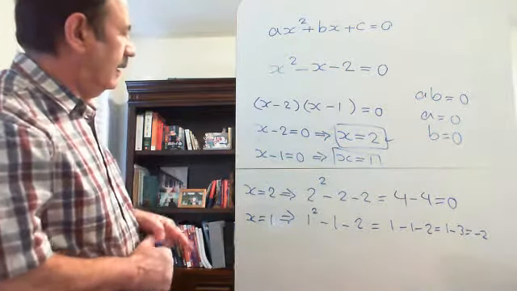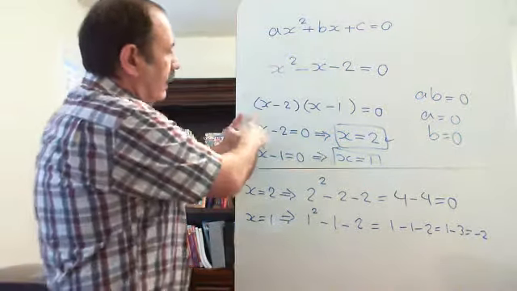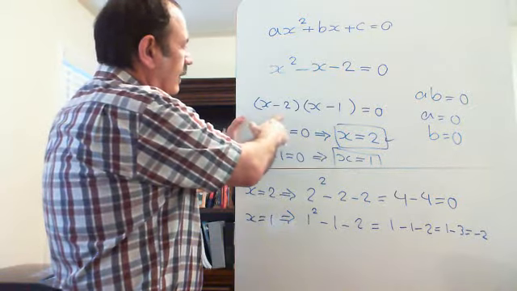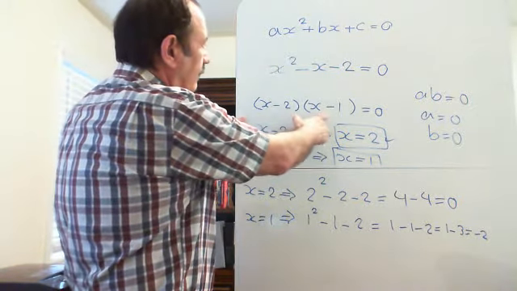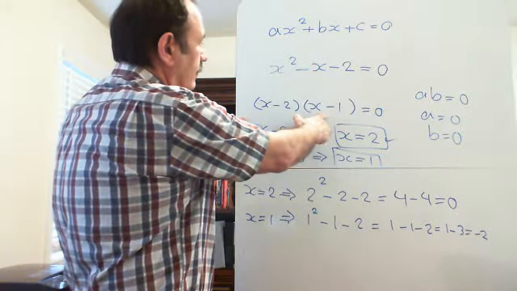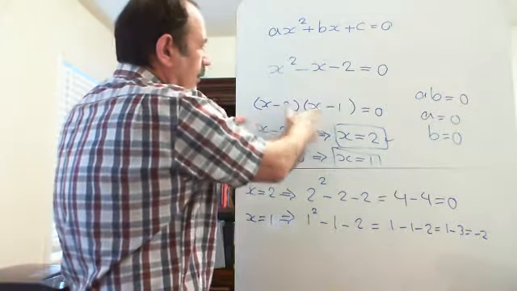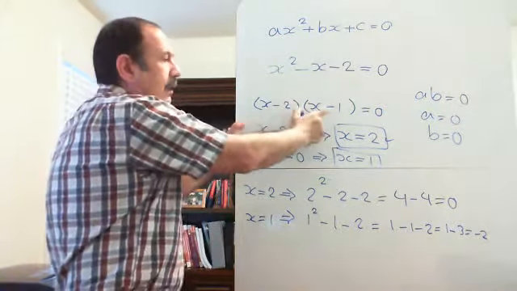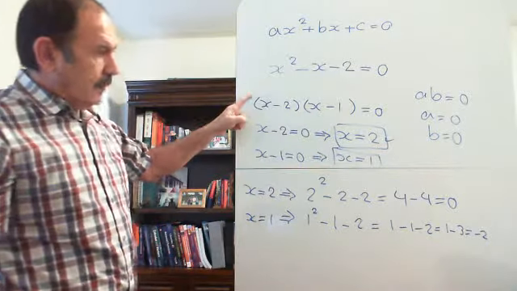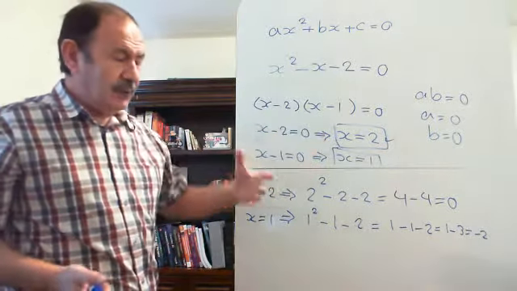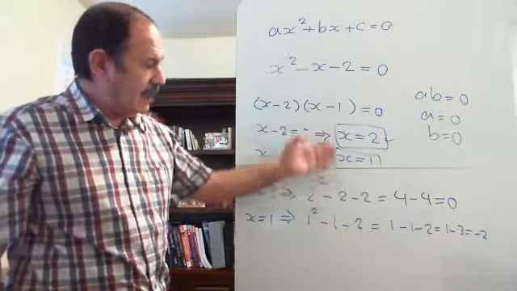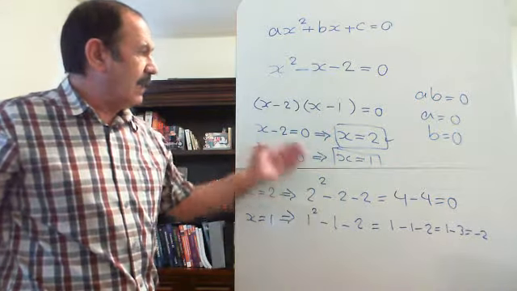Let's see where I made mistakes. For x minus 2, I said negative 2 times negative 1 is positive 2. It should be negative 2. So I made mistakes in writing the equation. Can you see how useful and important it is to check my calculation?